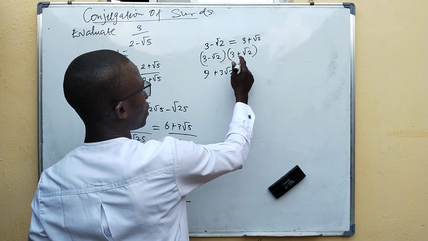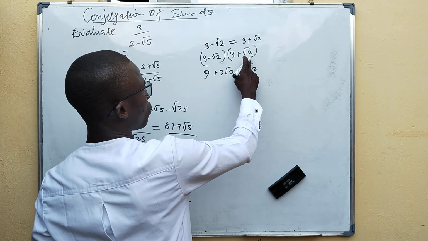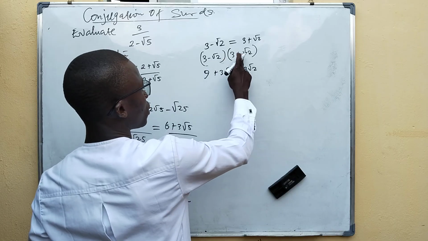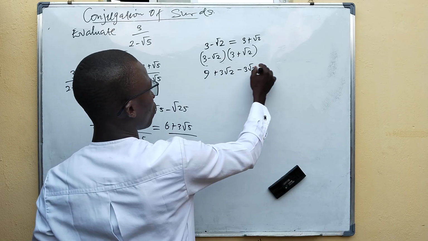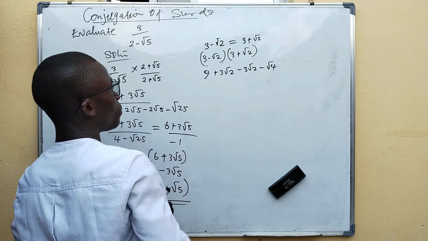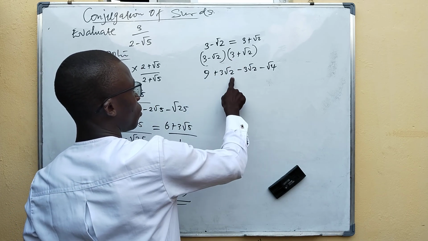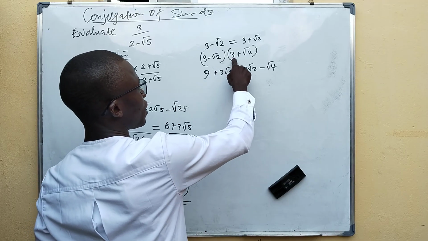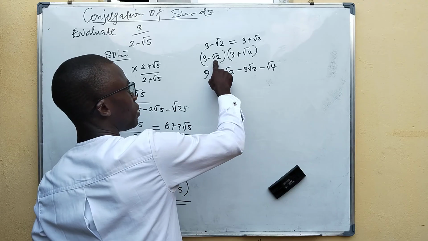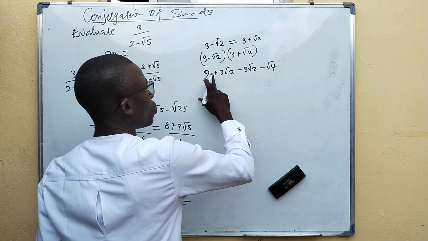Then minus root 2 times 3 is minus 3 root 2. Then minus times plus is minus, and root 2 times root 2 is root 4. Okay, that's correct. Now what do we do?